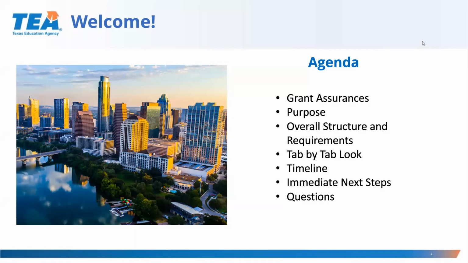We'll look at the overall structure and some of the requirements, and then we're just going to go through it tab by tab, and we'll also have an example where I will fill out the rubric alongside you. We'll finish up by talking about a timeline of what you can expect this coming semester, as well as some immediate action items. And then at the end, I'll give you some information on where you can direct any questions that you might have.